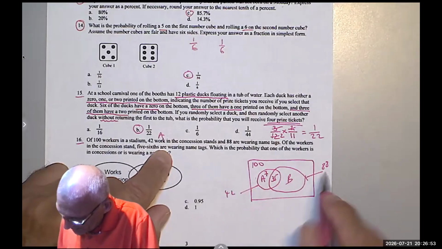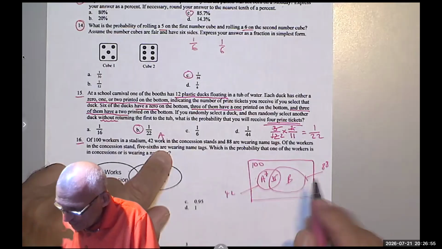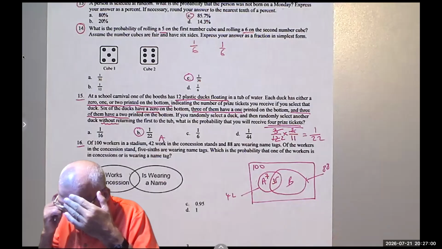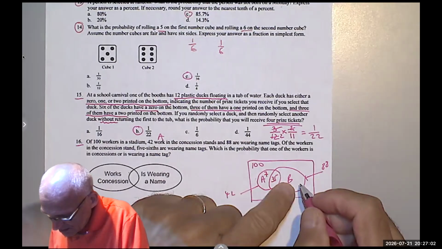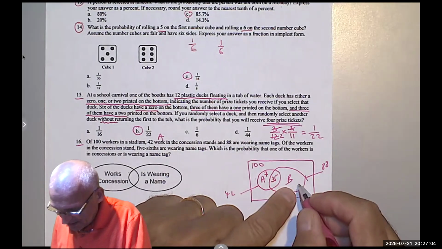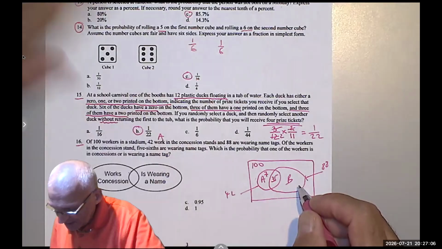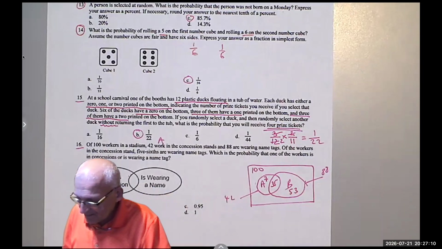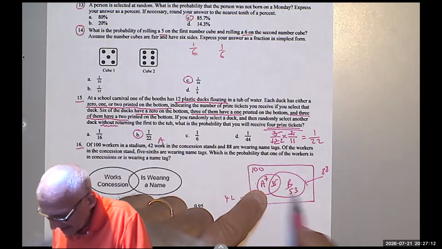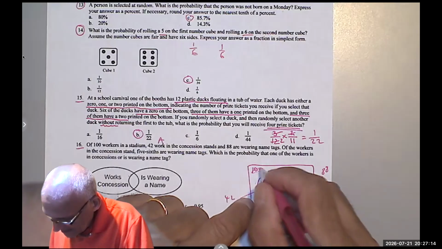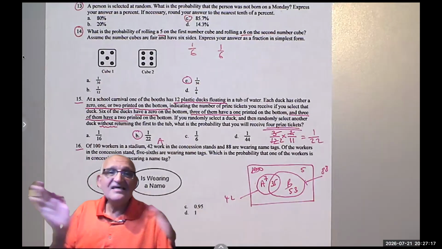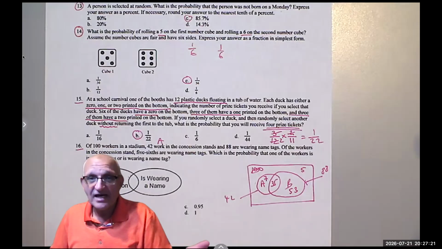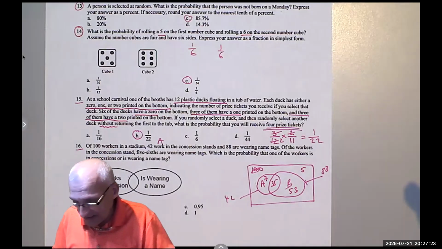And since all of these are 88, the rest of the people wearing name tags, but they don't work in the concession, is 88 minus 35 or 53. And since those add up to 95, there are 5 people who neither work in the concession stand nor are wearing name tags. So now we made it so clear.